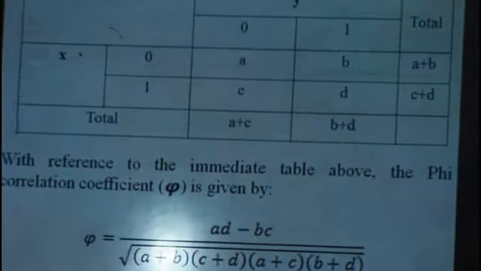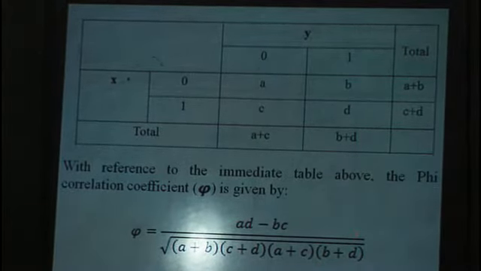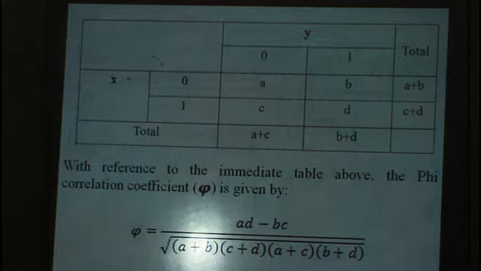Now, before you can understand the formula used in calculating the phi correlation coefficient better, let's deal with an algebraic example. Let's say we have two variables x and y as in the table here. The two categories of y are coded 0 and 1.